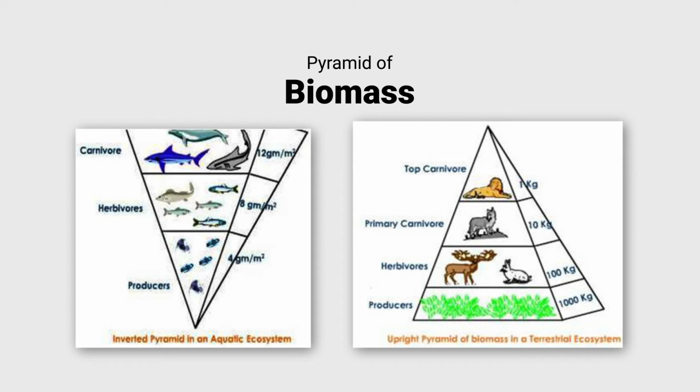If you look into that biomass, then the biomass will increase. The biomass of the producers is small. In the same way, in the terrestrial ecosystem, the producer plant biomass is larger than the herbivores, and the herbivores are larger than primary carnivores, and primary carnivores are larger than top carnivores.